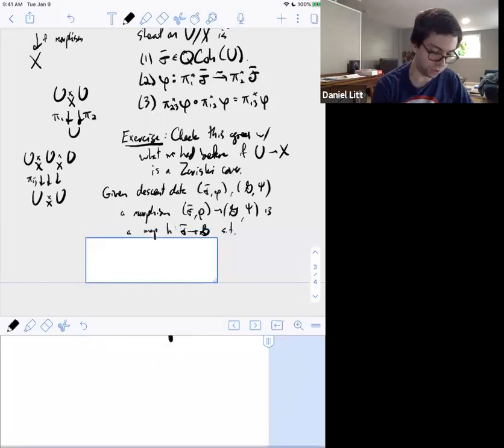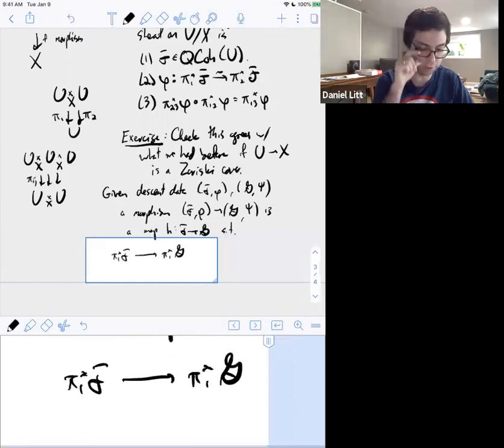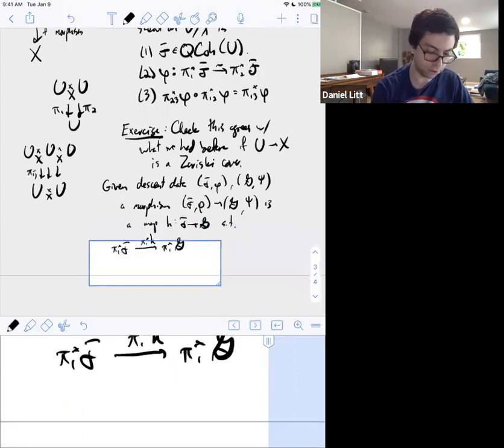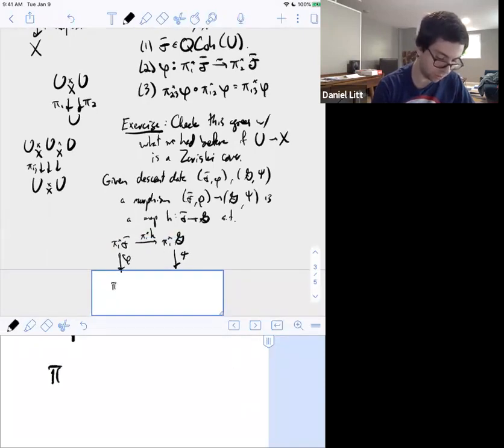First of all, you can pull back F to U cross U, and you can pull back G to U cross U using pi 1, and then, pulling back is a functor, so we can pull back H along that map too. But now we have these two gluing morphisms, phi and psi, which go to the pullbacks along pi 2.